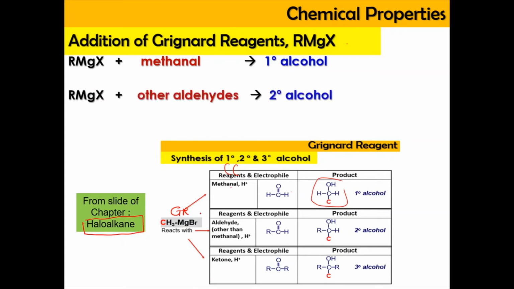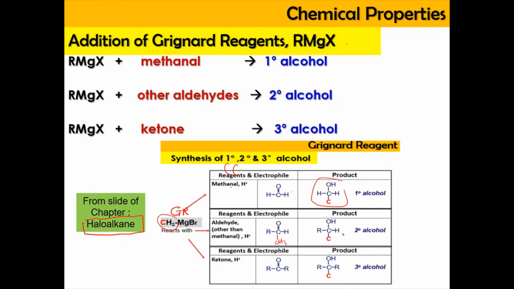Second, with our Grignard reagent CH3MgBr, our CH3 here is going to attach here, and this is going to produce a secondary alcohol. If the Grignard reagent reacts with ketone, it's going to produce a tertiary alcohol. So this is the addition reaction of the carbonyl compound.